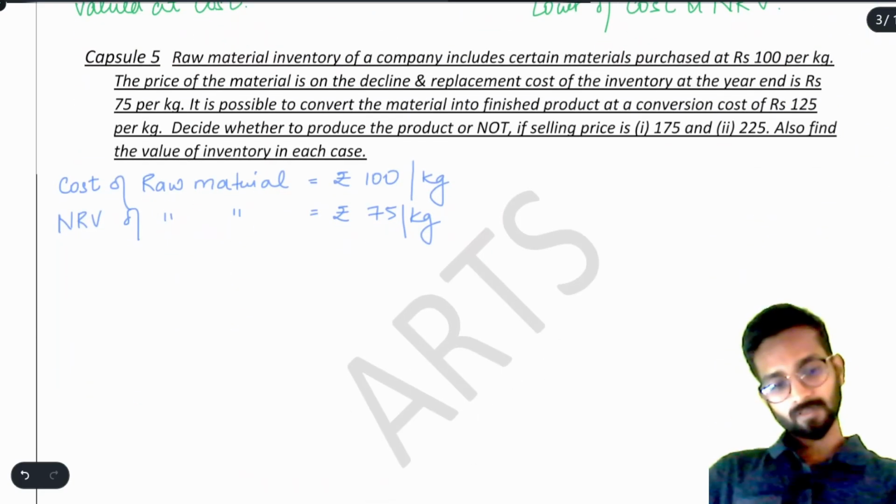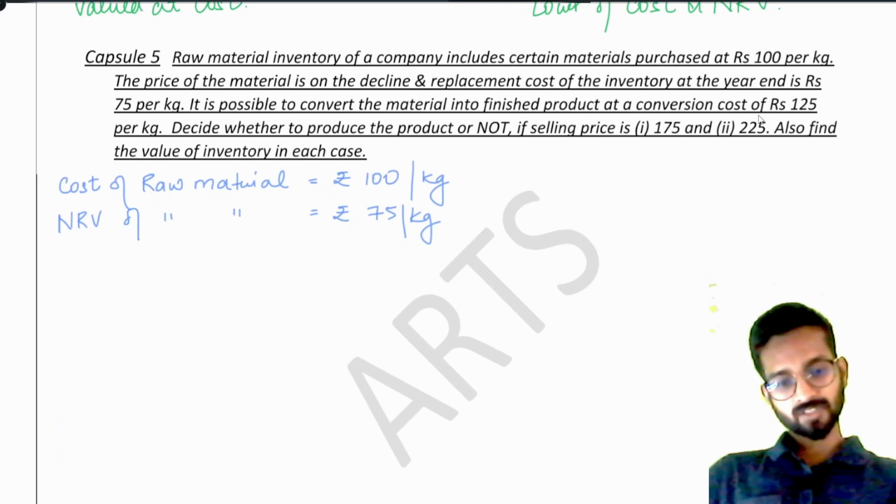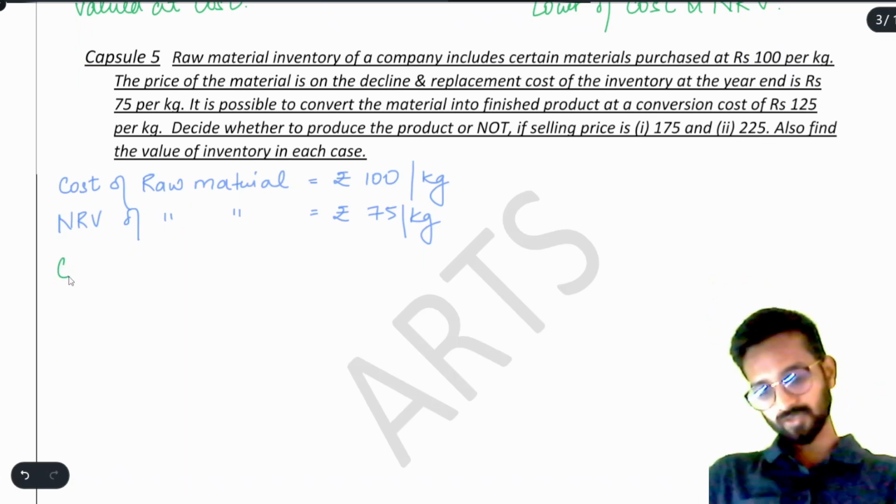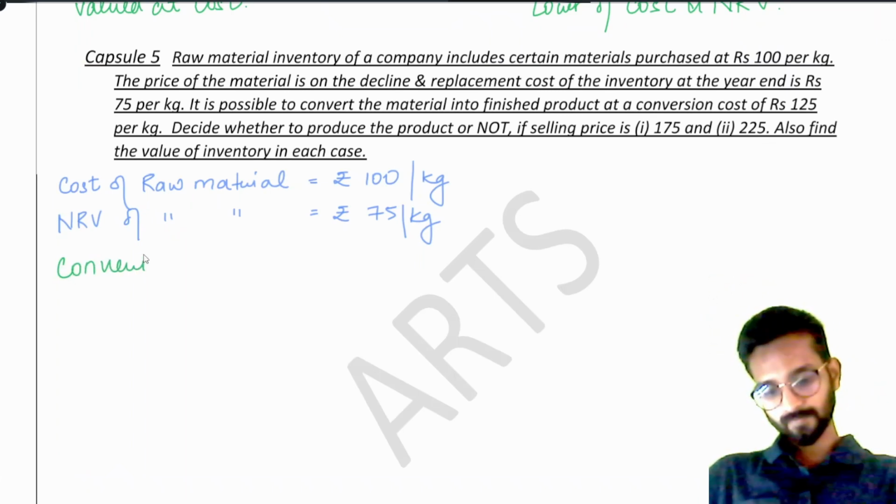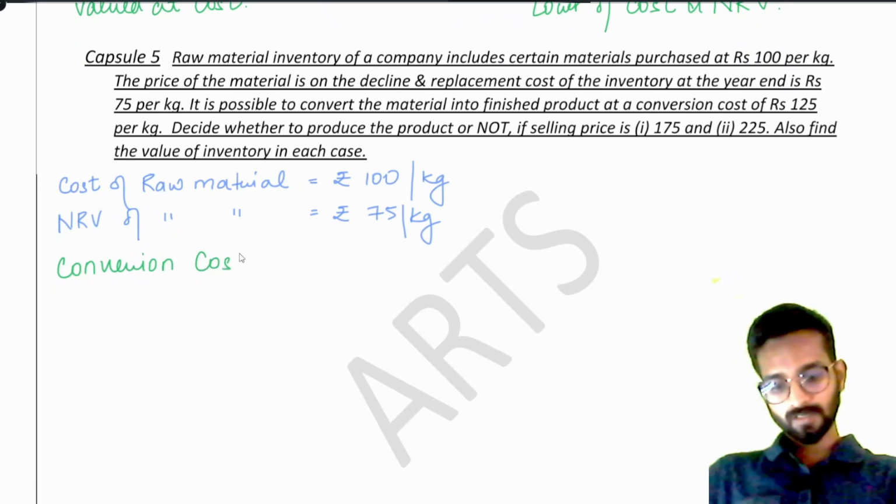Now it says it is possible to convert the material into finished product at a conversion cost of rupees 125. So we are incurring a conversion cost of rupees 125 per kilo.